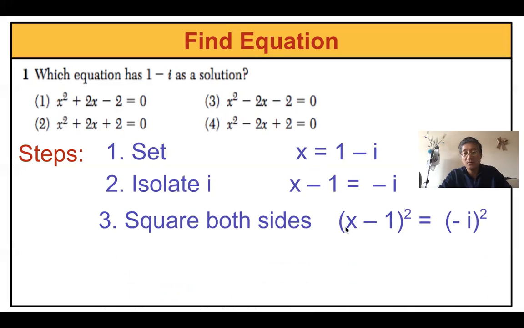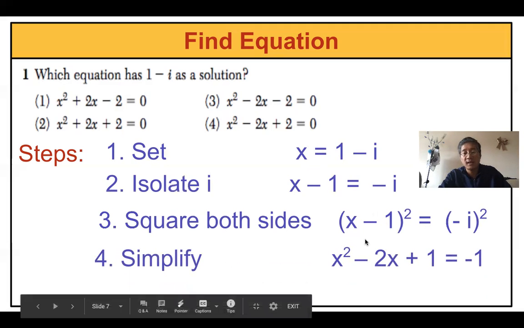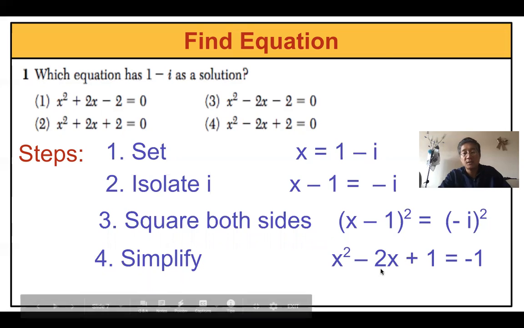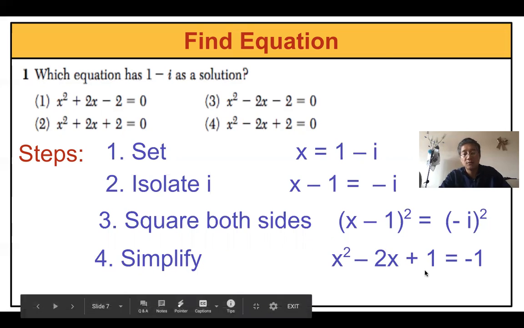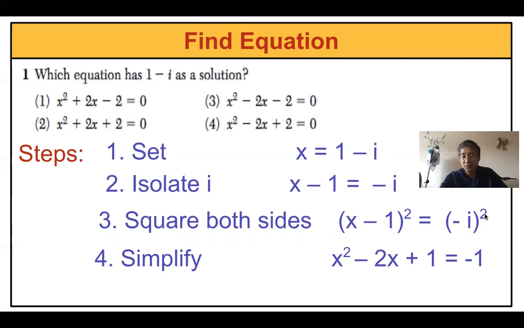Now x minus 1 squared is x minus 1 times x minus 1, right? And then you FOIL it, you will get x squared minus x minus x plus 1, which becomes x squared minus 2x plus 1. And negative i squared, negative squared is positive.